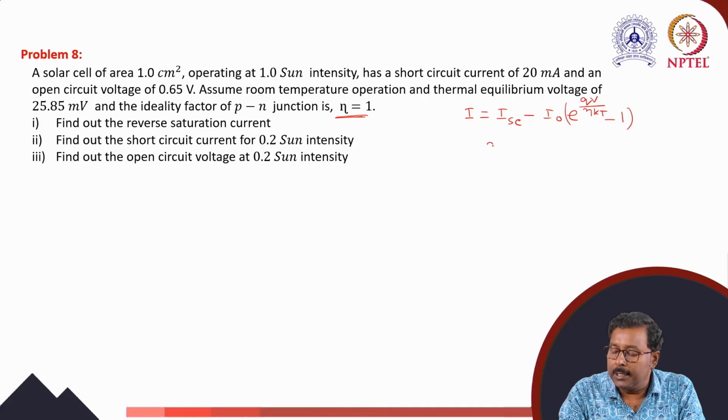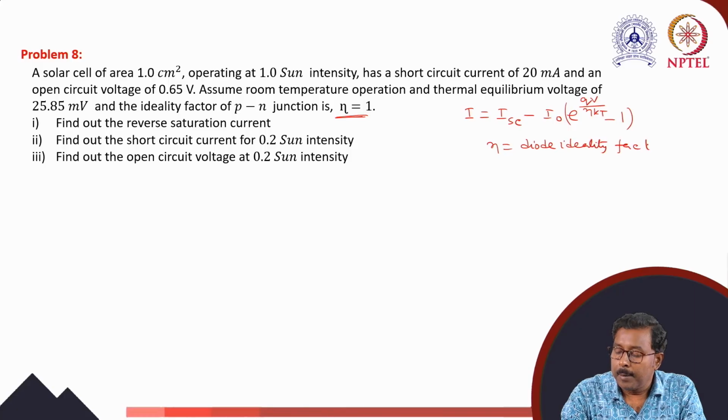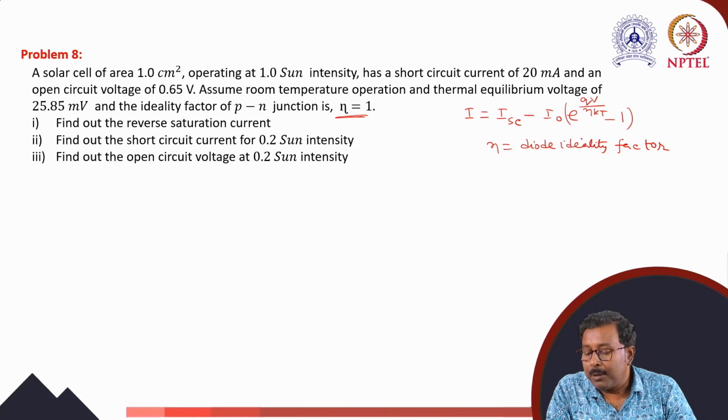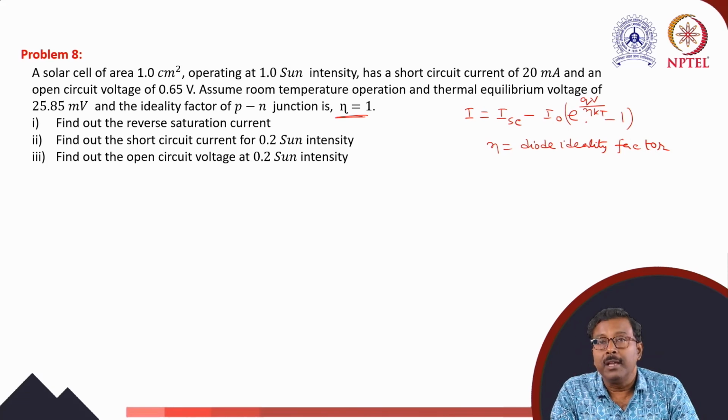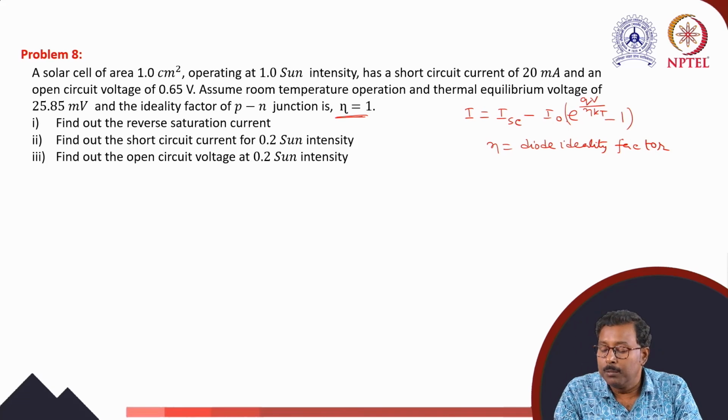Actually, this eta is the diode ideality factor. In the expression of diode current, this ideality factor is used. But we have considered eta 1 in our discussion. That's why we mentioned I0 e to the power QV by KT minus 1. Here also it is mentioned that eta is equal to 1.